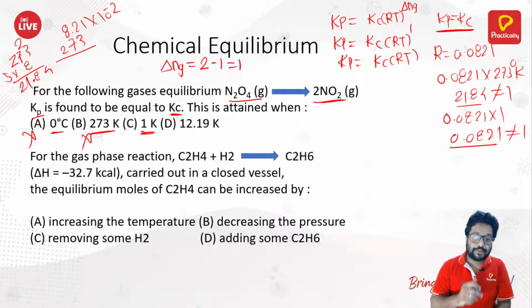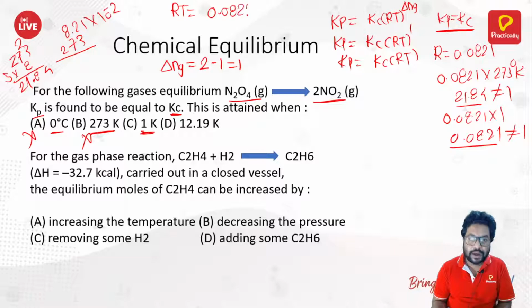But here I'm going to tell you how. So 12.19, that's your D. Then we need to find out RT. R is 0.0821 as we have taken already, multiplying by 12.19. Again, instead of 0.0821 we are taking 8 into 10 raised to minus 2 into 12.19.